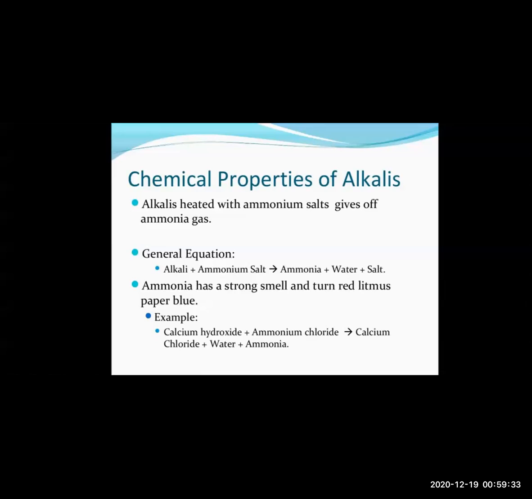Then ammonia has a strong smell and turns the red litmus paper blue. I told you first only that the red litmus paper turns blue, but the smell of the ammonia is very strong. So this is the new point that you can understand. When the alkali reacts with ammonium salt, ammonia gas is given out along with the salt and water, and this ammonia gas gives a very strong odor or smell.